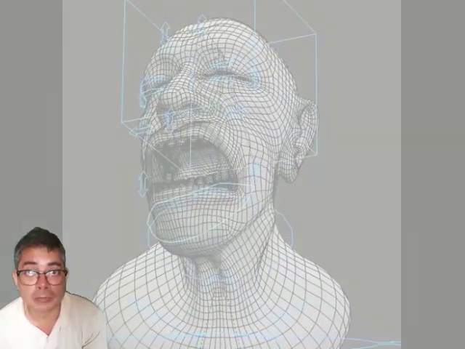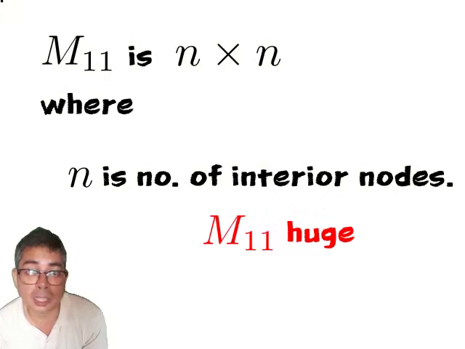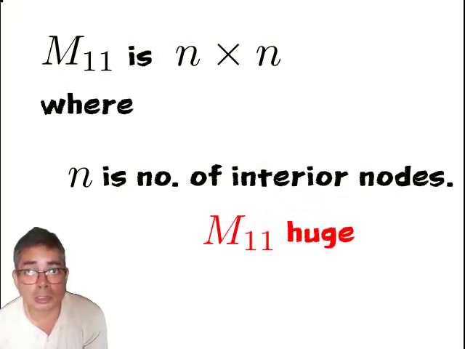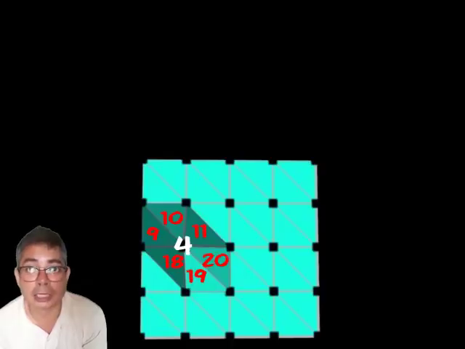However, observe that the entries of M11, or the entries of M for that matter, consist of those alphas and betas and gammas, and mostly zeros, because as I said, for every basis function the value is non-zero only for the triangles adjoining a given node, and there are only at most 6 triangles adjoining every given node.